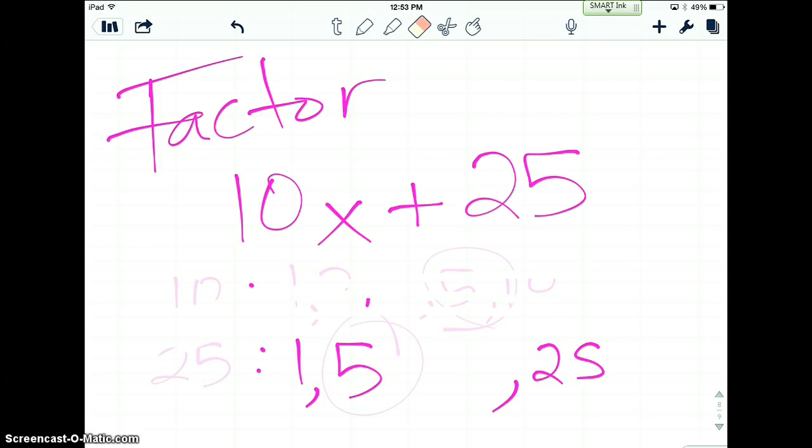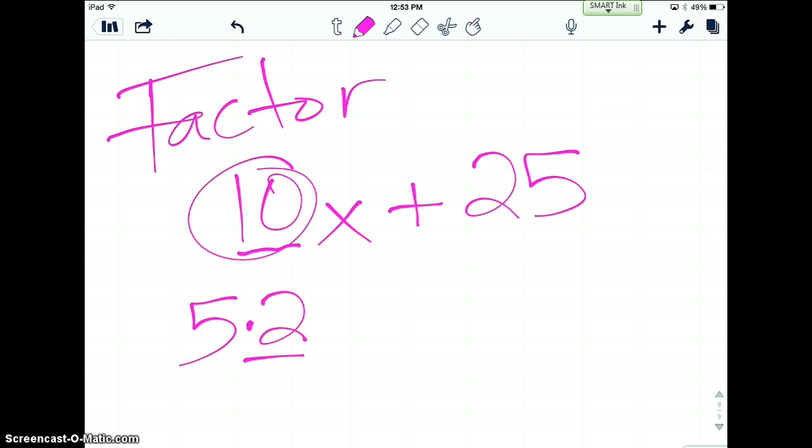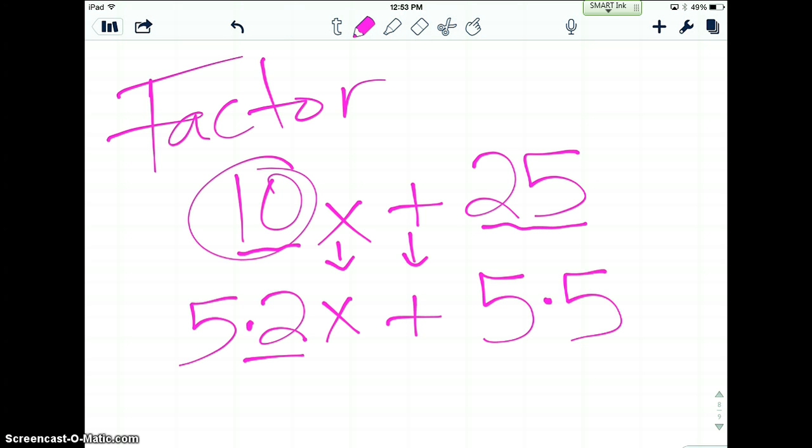So we're going to take that greatest common factor and we're going to use it. So instead of writing 10x, we're going to factor this into 5 times something that gets me back to 10, which is 2 with the x there. Plus, I'm going to split this up, greatest common factor 5 times what gets me back to 25? 5. So here you see I have my greatest common factor twice.